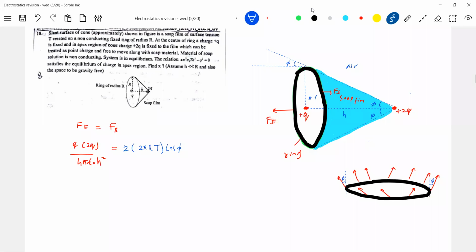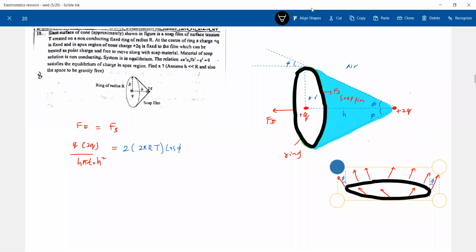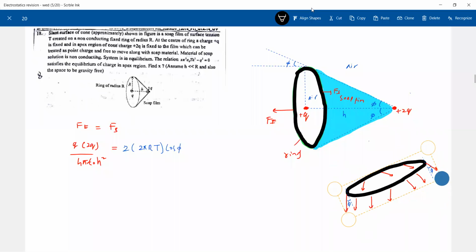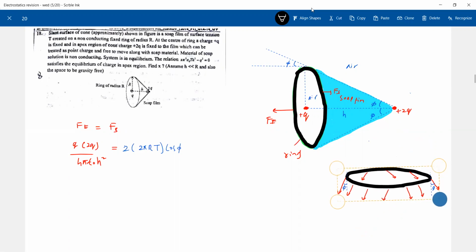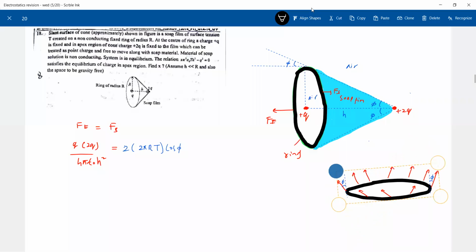Sir, those forces should be directed inwards. Okay, that will be. It should be inward, no? Why inward, sir? The outward is... I'll invert it. They'll point towards the center. They should point towards the apex of the cone. Okay, I'll make the correction.